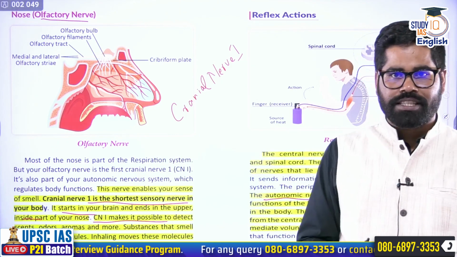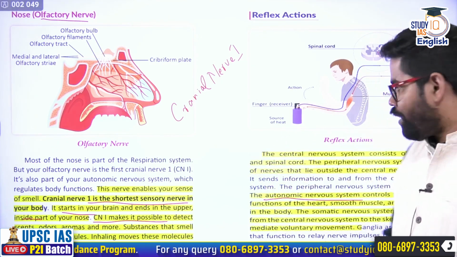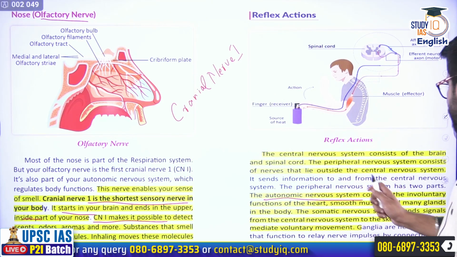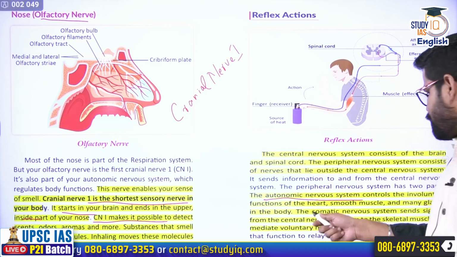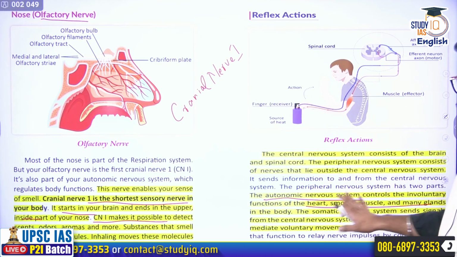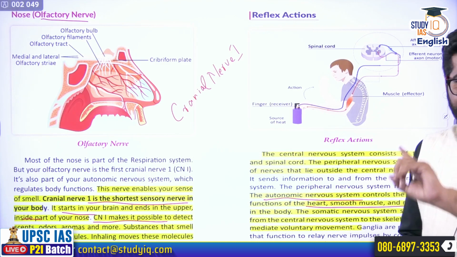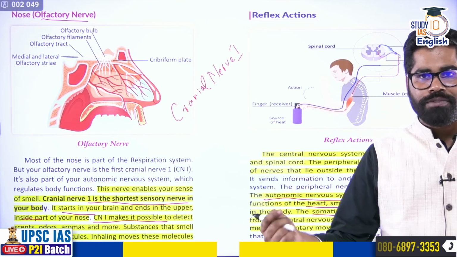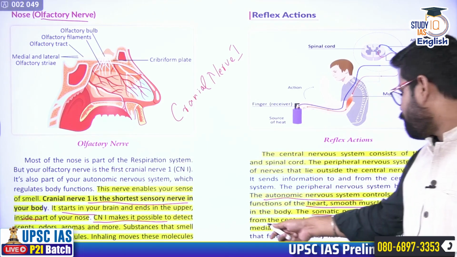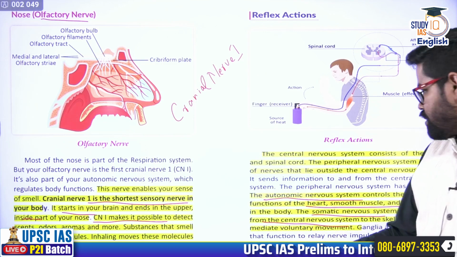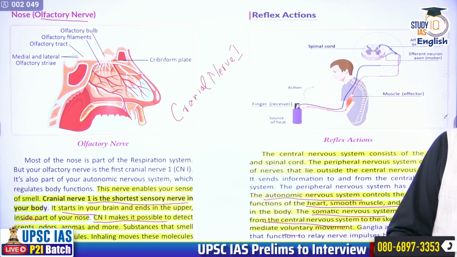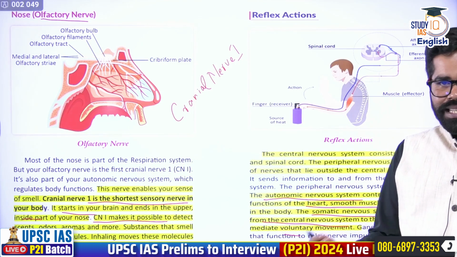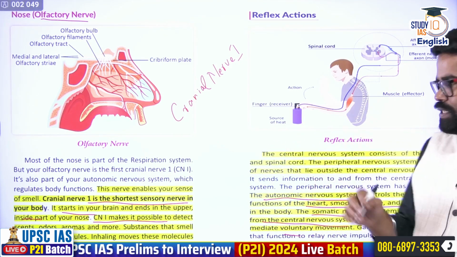This autonomic nervous system controls functions of things like the heart, smooth muscles or glands of the body. Whereas there is another part called the somatic nervous system, which is responsible for sending signals from the central nervous system to the skeletal muscles for voluntary movements. The somatic nervous system is also responsible for this reflex action.